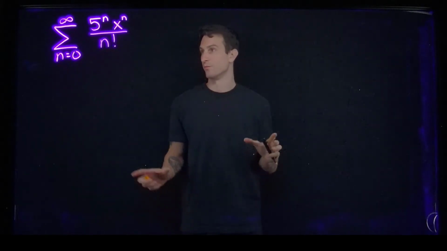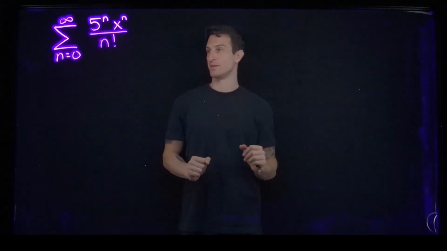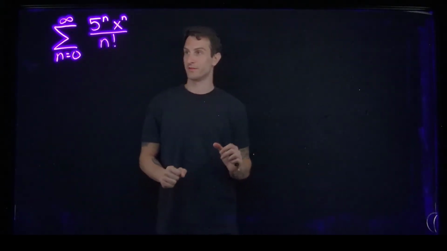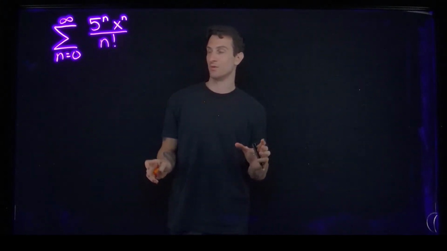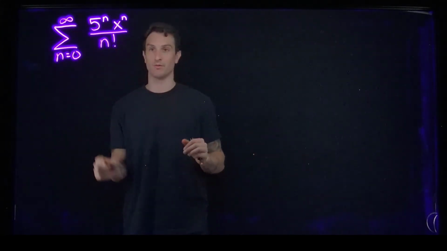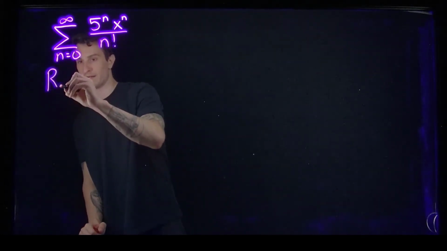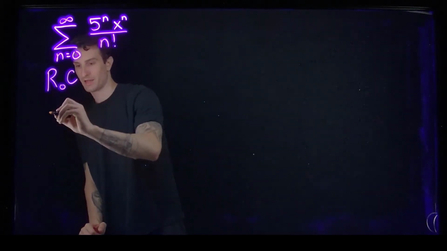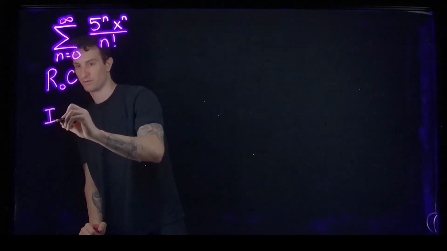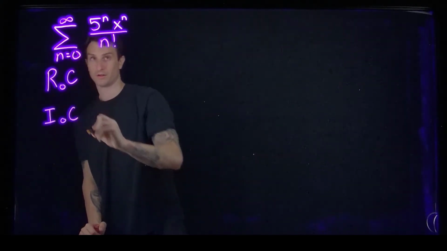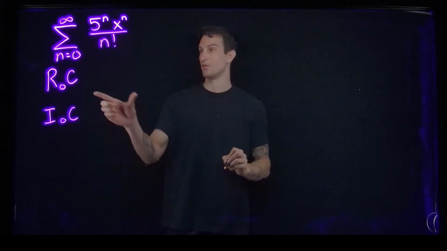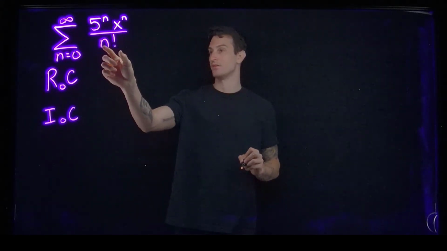Okay, we are back, right? We solved for what the Maclaurin series was, and now we can take this and find the radius of convergence, right? So I'll abbreviate radius of convergence and interval of convergence, right? Using the ratio test, right? The dead giveaway here is this factorial.